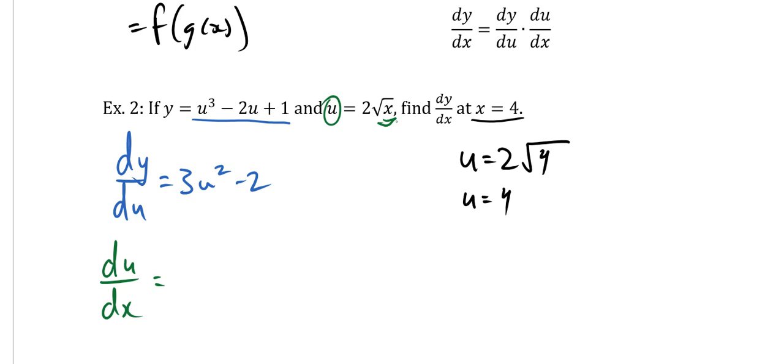Okay, and this one was 2x to the 1/2. So when I bring the 1/2 over, multiply by 2, I get 1. So du by dx is x to the negative 1/2, or 1 over the square root of x.